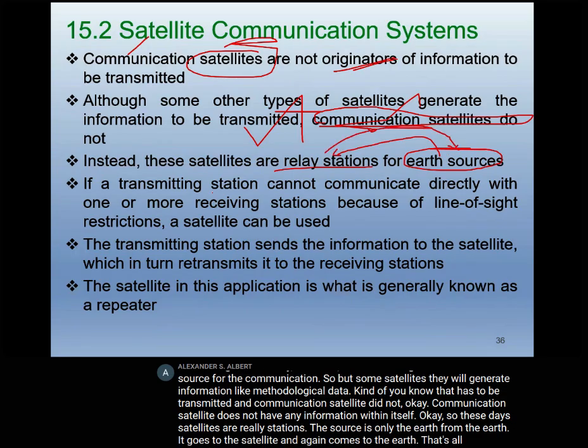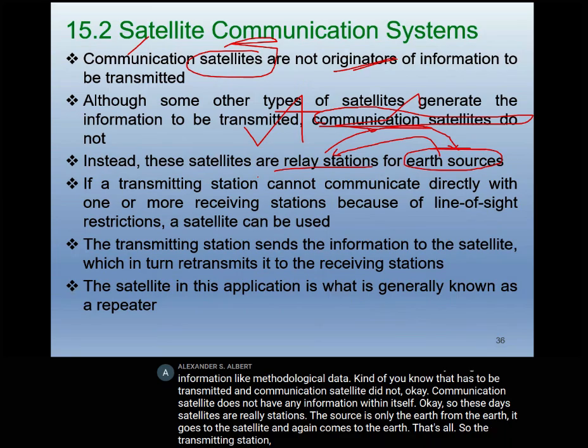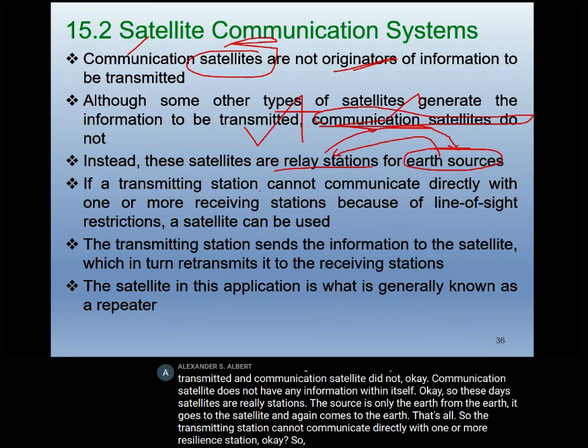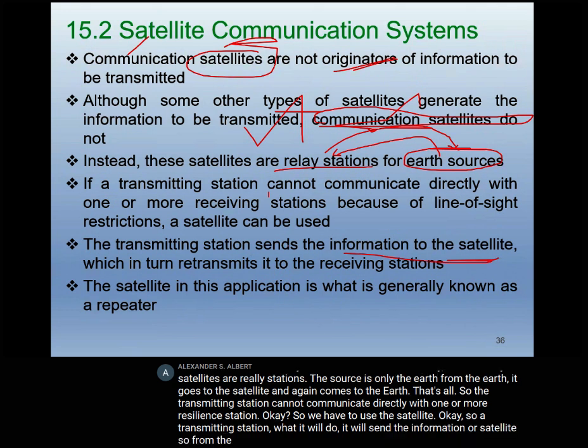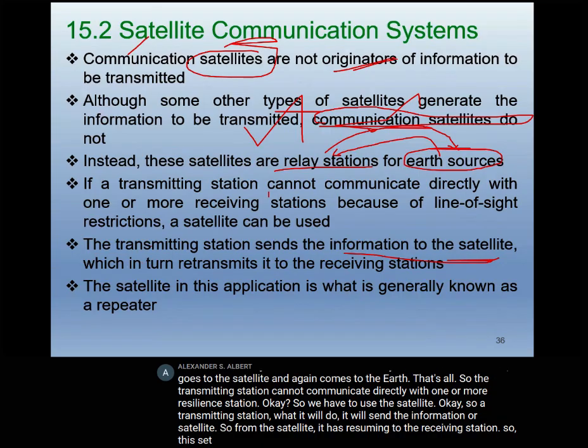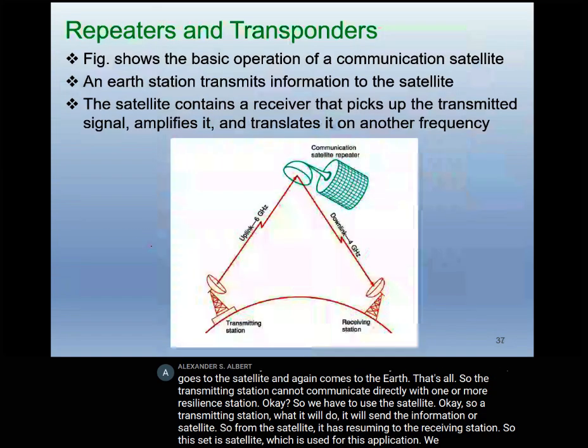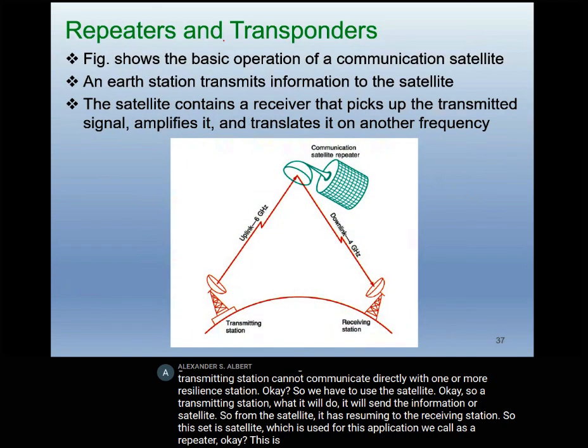That's all. So the transmitting station cannot communicate directly with one or more receiving stations, so we have to use the satellite. The transmitting station sends the information to the satellite, and from the satellite it goes to the receiving station. The satellite used for this application we call a repeater. This is the basic diagram of a communication satellite.